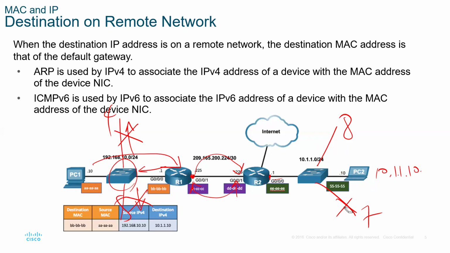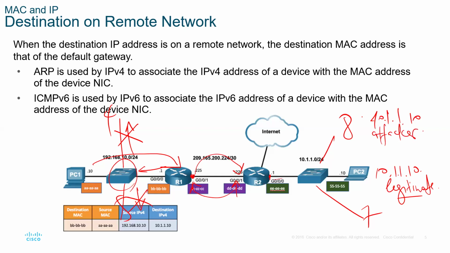Let's say device number 8 disguises itself as 10.1.1.10. And so this is a legitimate one, is this correct? I think so. Legitimate. This one is the threat actor, the attacker. So this one disguises itself as the one with this IP address.